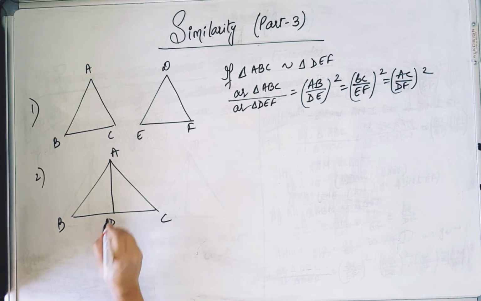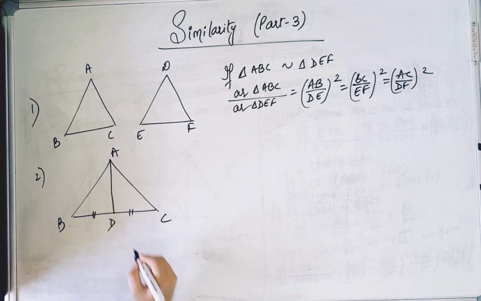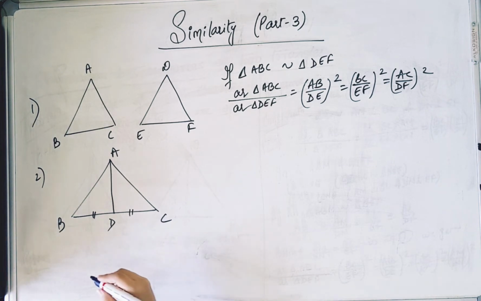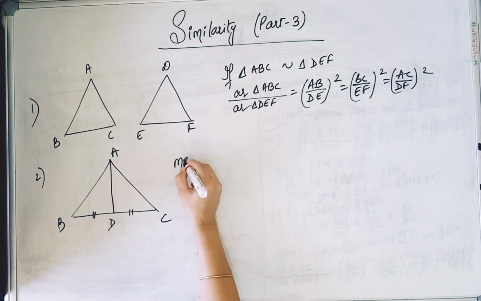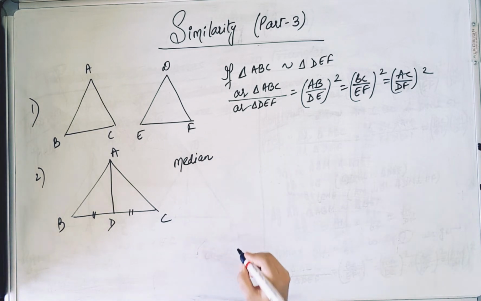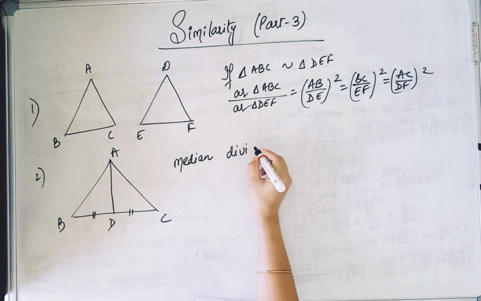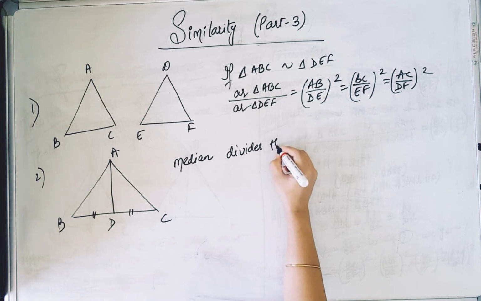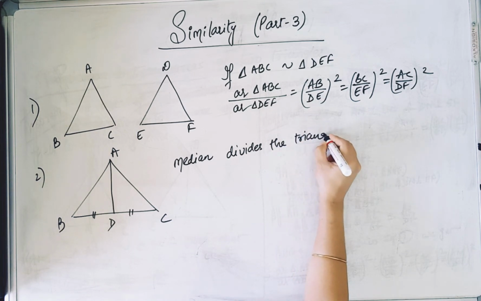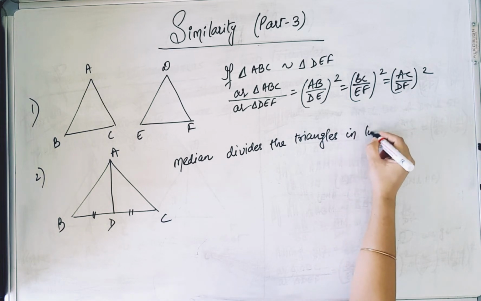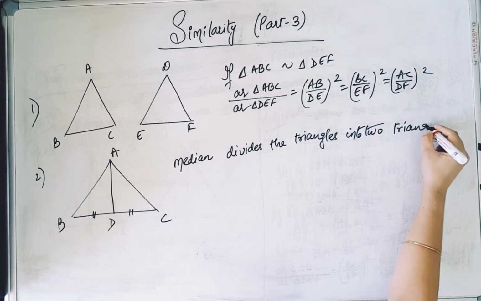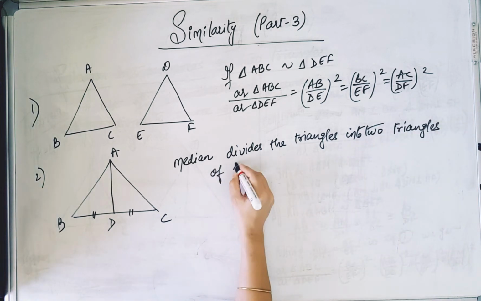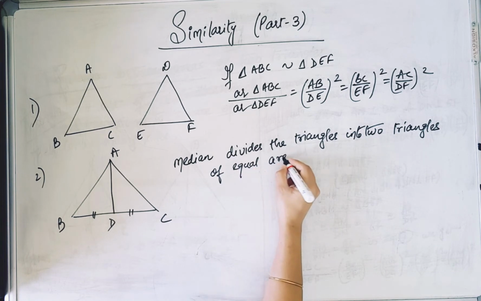DE is median, and if this is a median, so BD is equal to what? DC. So we should know median divides triangles into two triangles of equal areas. This is the second concept which we are studying in this video, that is median divides the triangle into two triangles of equal areas.